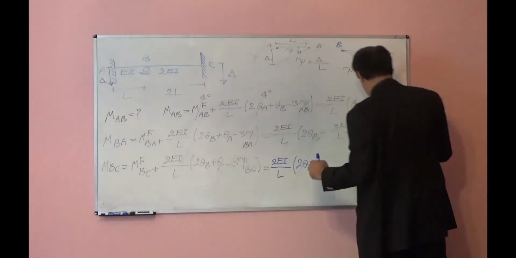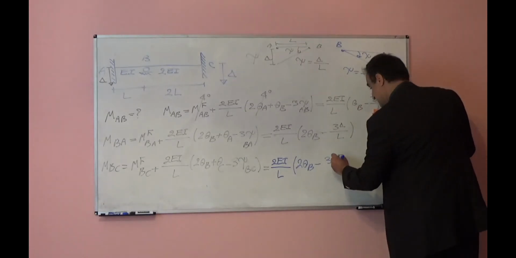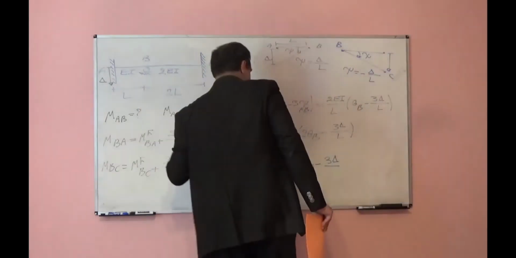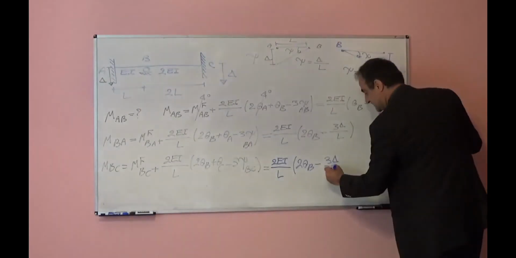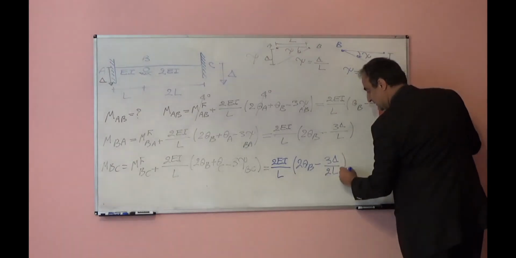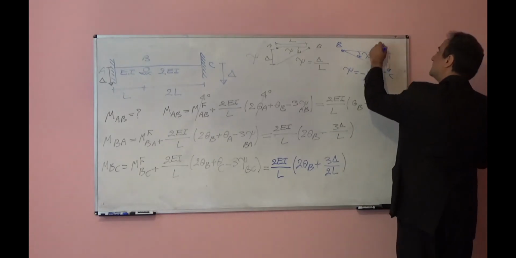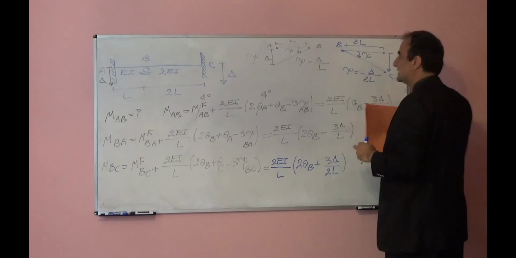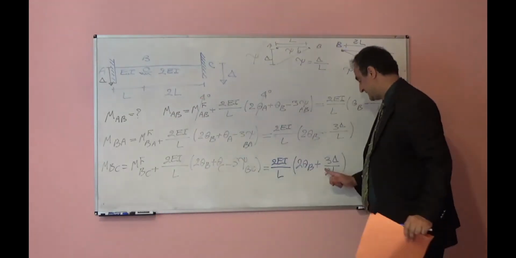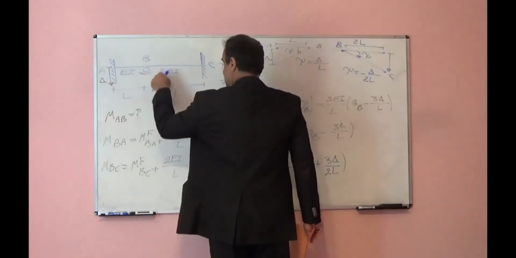Negative times negative will be positive. This will be 3 delta over, the length for this span, it is 2L. 3 delta over 2L. And we have negative delta over 2L, because the length for BC is 2L. Negative times negative, positive 3 delta over 2L. On the other hand, this is 2EI.